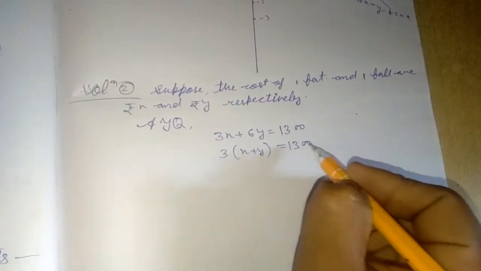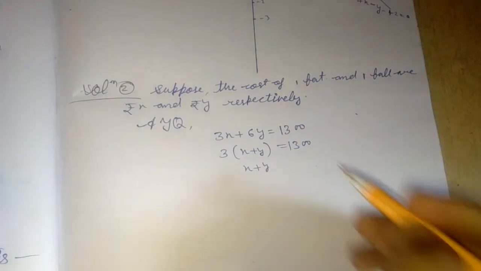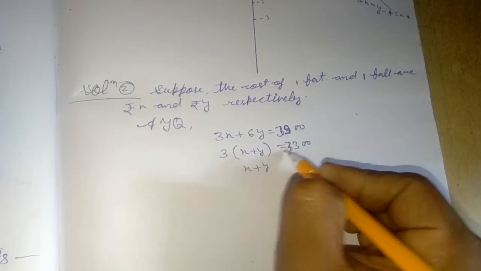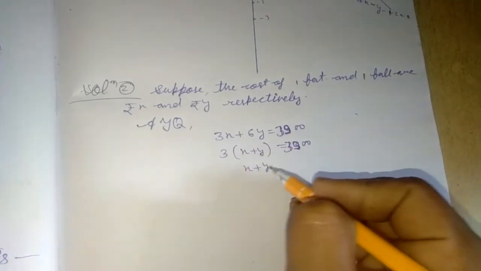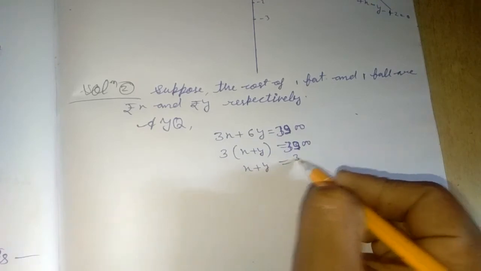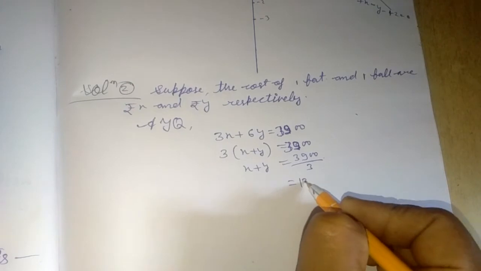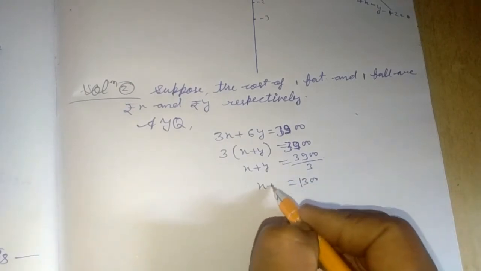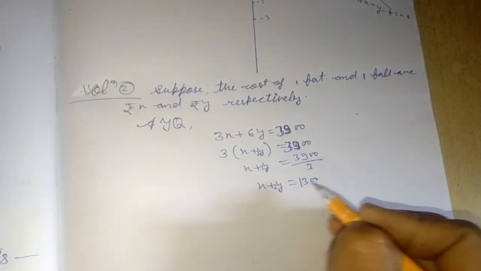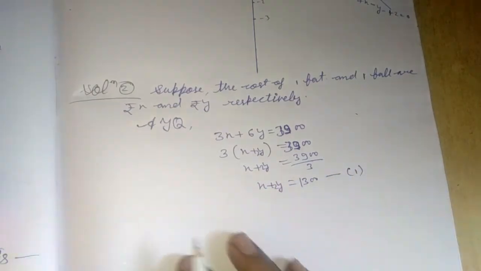When we transfer 3 to that side, it will be in the form of divide. When we divide, we get 1300. So x plus 2y is equal to 1300. So it is our first equation.